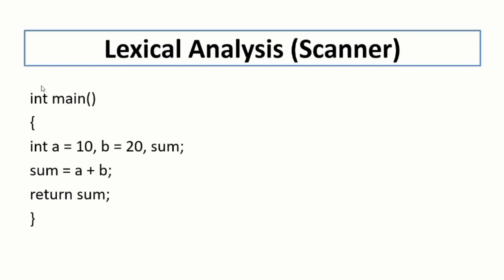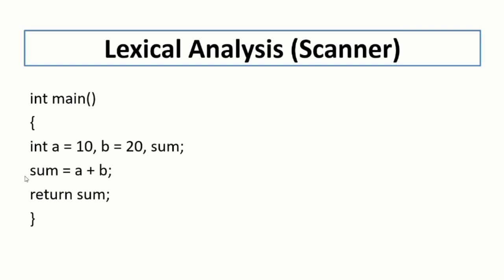In this program, int is a keyword. Main is an identifier, the open and closed brackets are symbols, and the flower bracket is a symbol. Int keyword, a identifier, equal operator, 10 number, comma symbol. Next, b is an identifier, equal operator, 20 number, comma symbol, sum identifier, semicolon symbol.